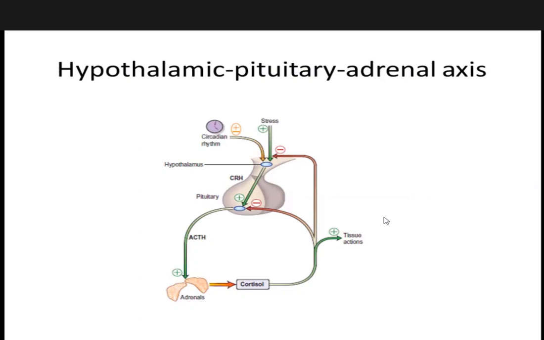Basically, it's not totally dependent on the hypothalamic pituitary adrenal axis. So even if there is a problem with the pituitary gland with reduced ACTH secretion, still aldosterone can be secreted, provided the adrenal glands are normal, through the renin angiotensin aldosterone axis.